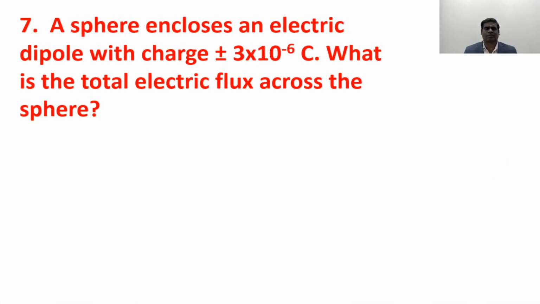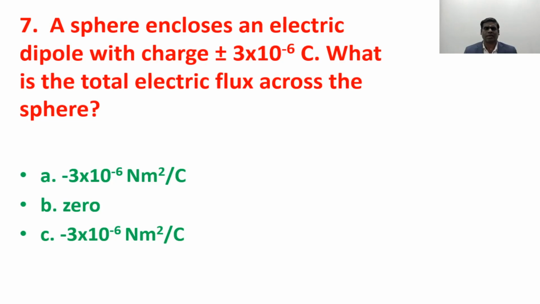Question number 7. A sphere encloses an electric dipole with charge plus or minus 3 into 10 power minus 6 coulomb. What is the total electric flux across the sphere? Option A, minus 3 into 10 power minus 6 N m square by C. Option B, 0.